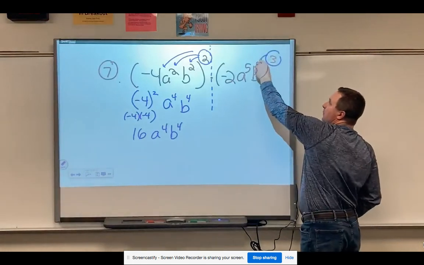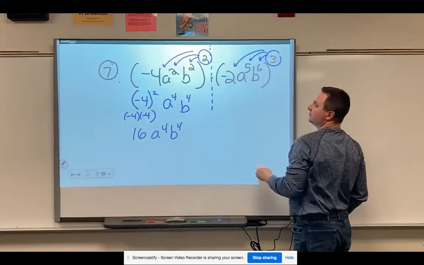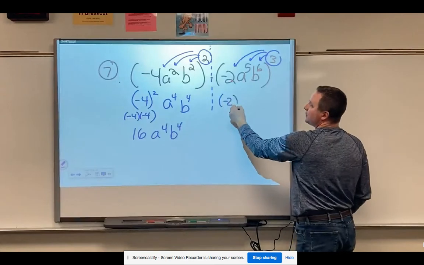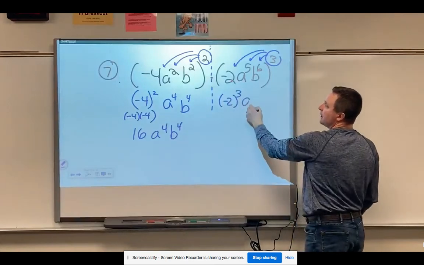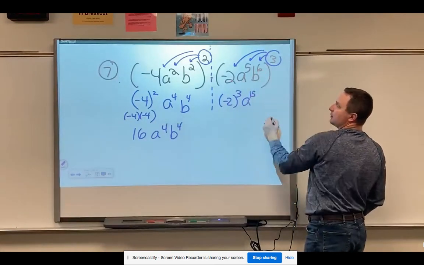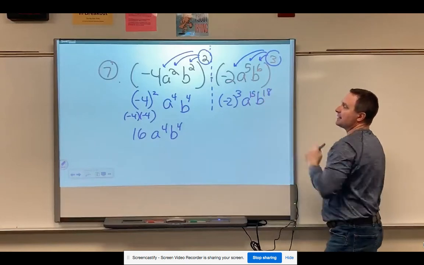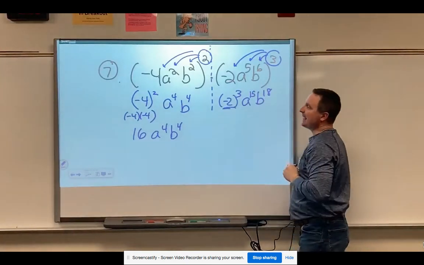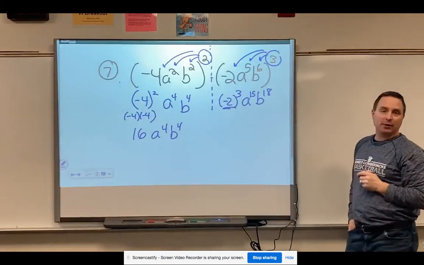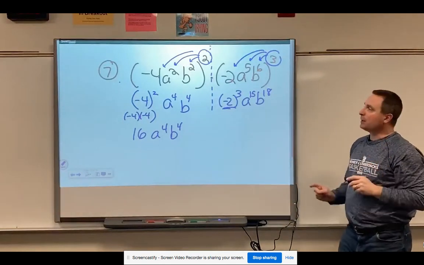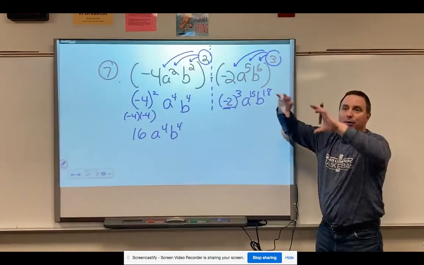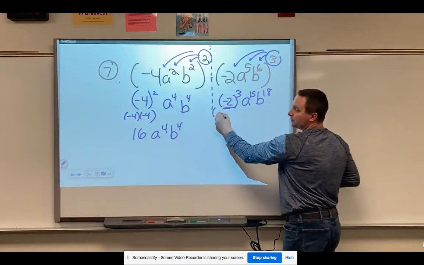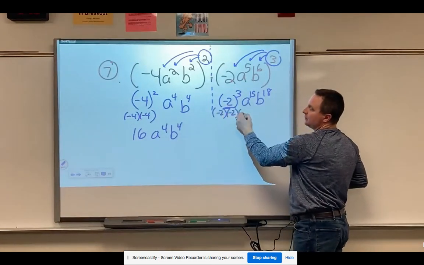If I do the same thing over here on the right-hand side, I'm going to get negative 2 to the third, a to the 15th, I'm going to multiply again, and b to the 18th. This is the tricky part right here: negative 2 to the third power. You can use your calculator, but be really, really careful. Always put that in parentheses. Or you can simply write it out.